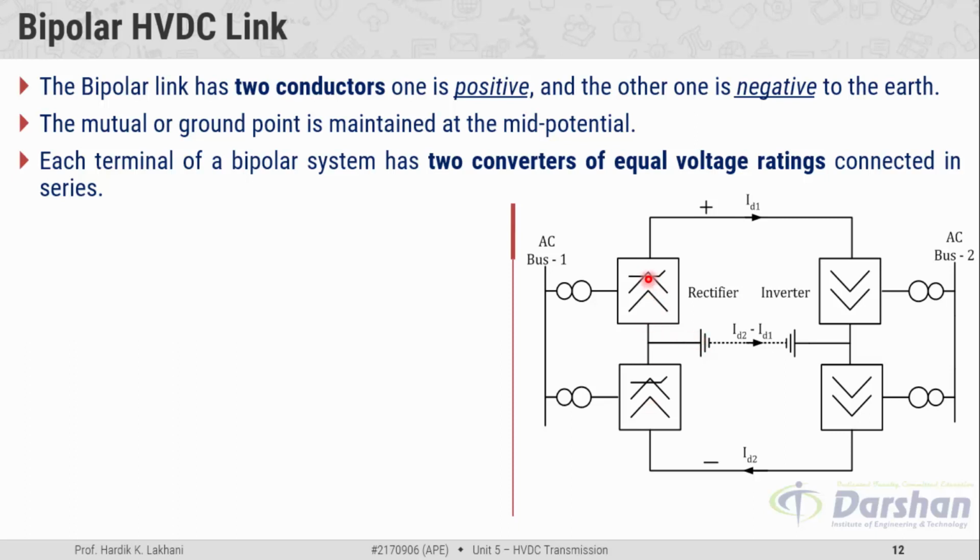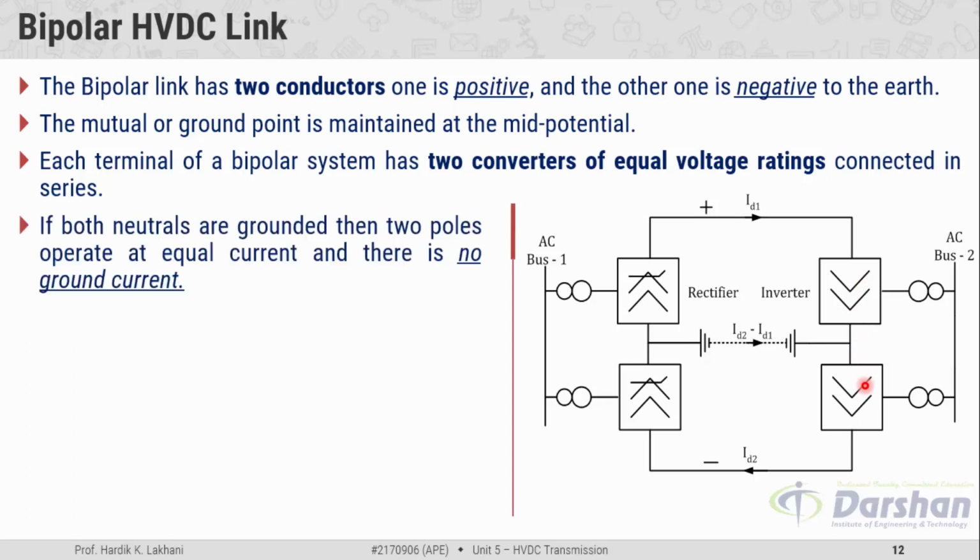At the sending end side, there are two converters of equal voltage ratings connected in series, and two converters of equal voltage ratings connected in series at the receiving end side. If both neutrals are grounded, then the two poles operate at equal current and there is no ground current.